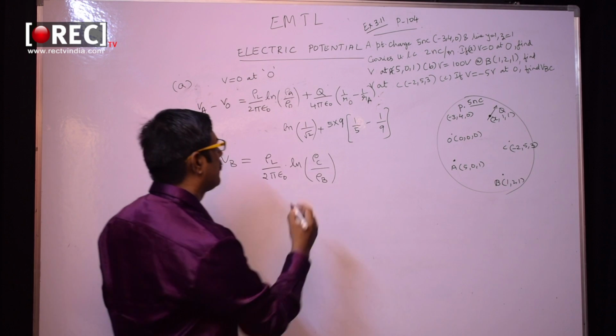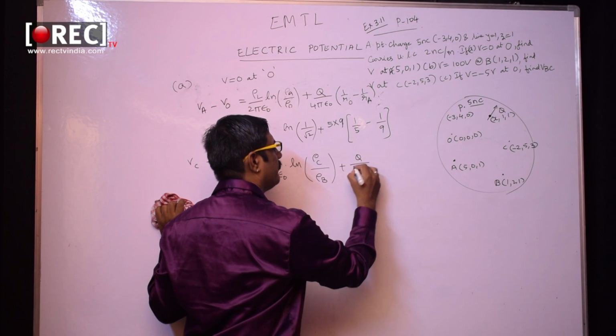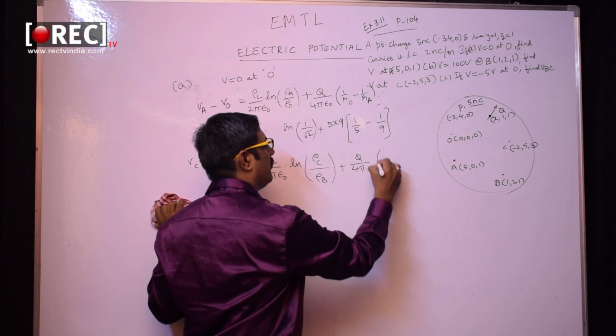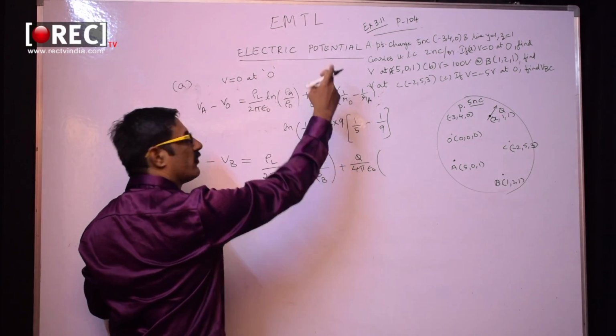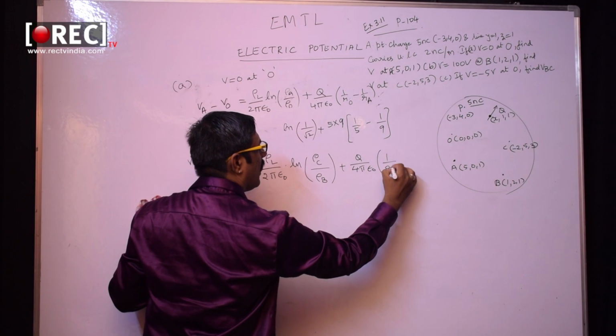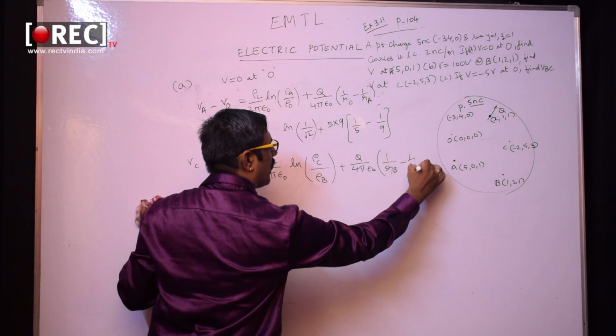Plus Q by 4 pi epsilon naught into 1 by RB minus 1 by RC.